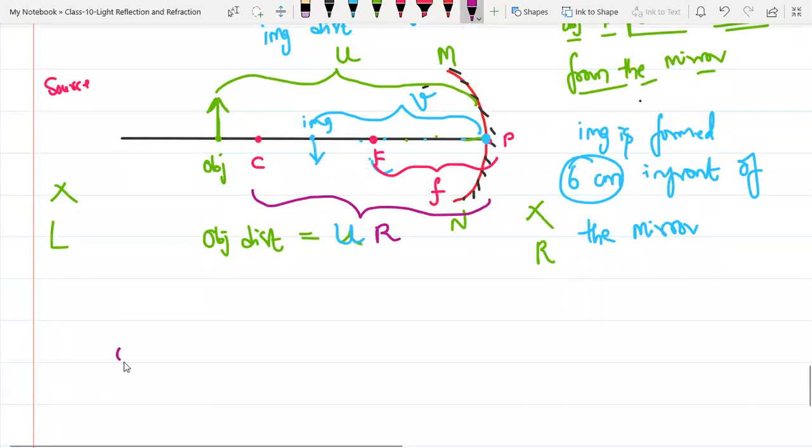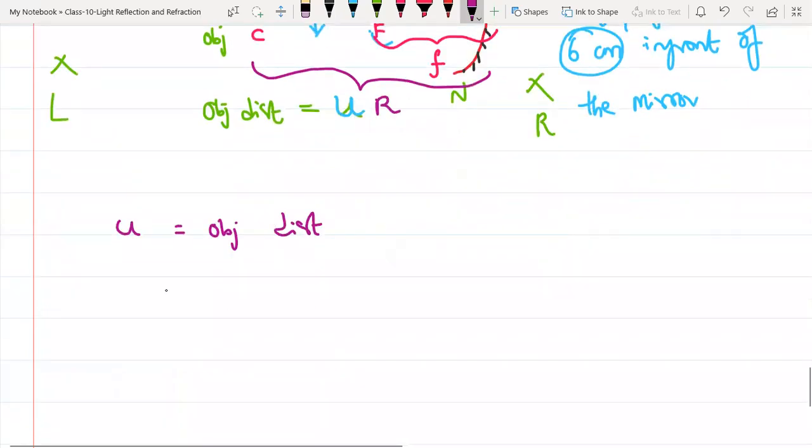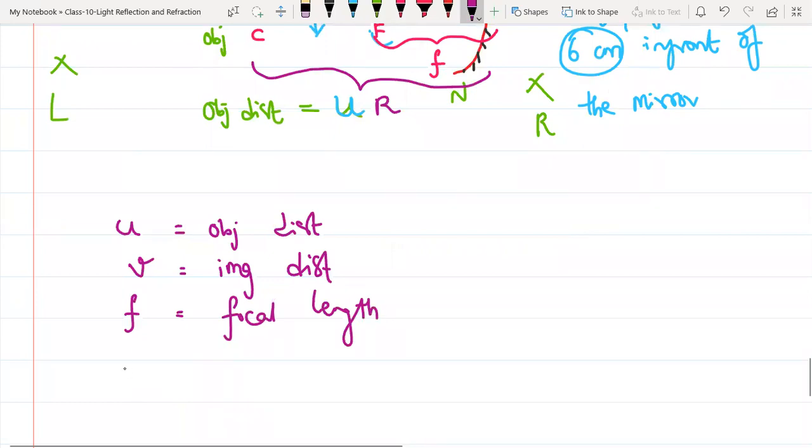First letter u. u stands for object distance. v stands for image distance. f stands for focal length. R stands for radius of curvature.